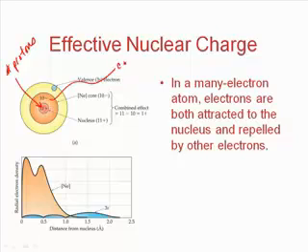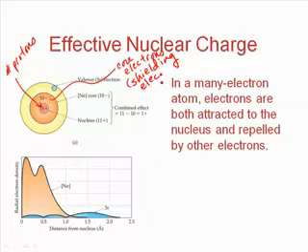These are our core electrons, and we're also going to refer to these in this context as shielding electrons, because they are kind of shielding that outer electron from the attraction from the positive protons.